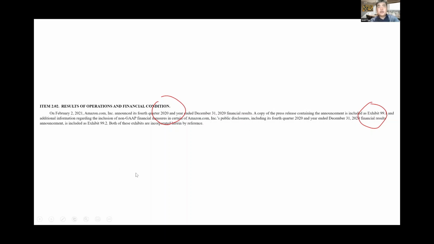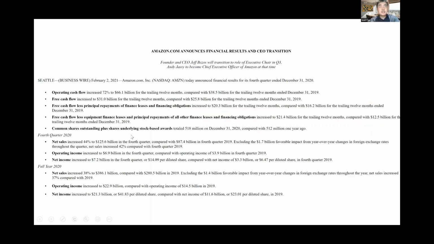A lot of information is actually in the exhibit. When you do text analysis, you have to actually go to exhibit 99.1, because this is from exhibit 99.1. So you do the text analysis on 2.02, and then you identify which exhibit is relevant. Here, the relevant exhibits are exhibit 99.1 and exhibit 99.2.